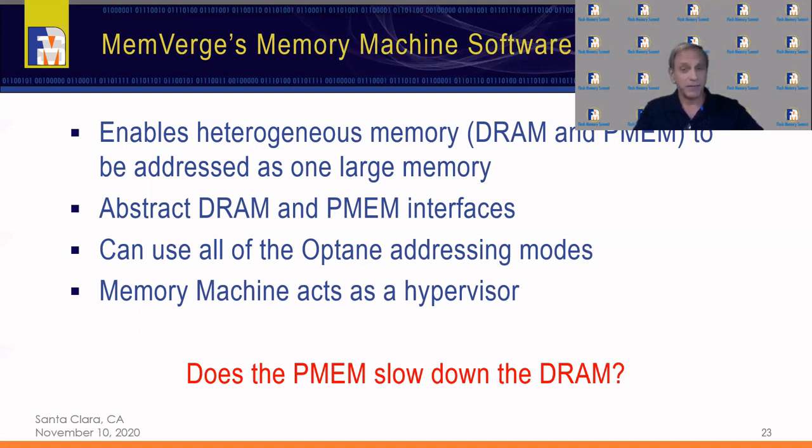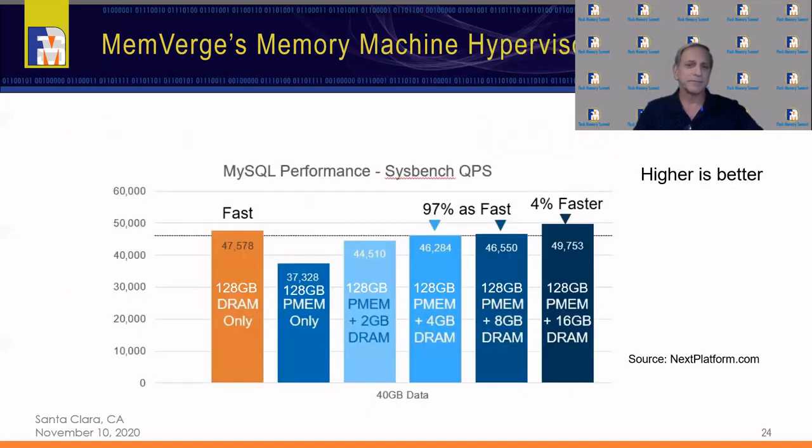768 terabytes is a lot of memory, but some of it is slower PMEM. How does that impact performance versus an all DRAM homogeneous memory? This comparison reports benchmark performance for a 40 gigabyte MySQL database. The results are for a variety of DRAM and PMEM configurations of heterogeneous memory.